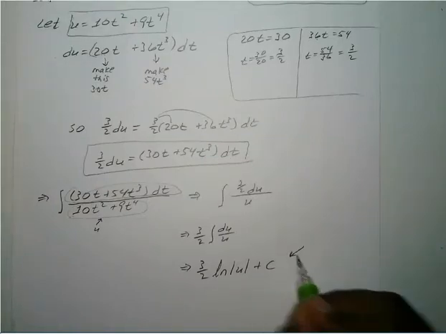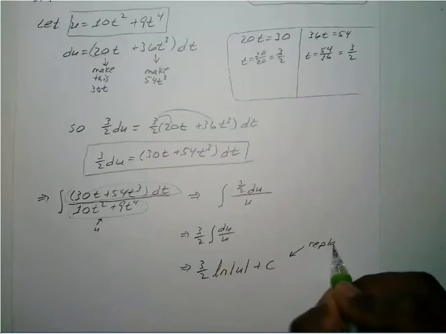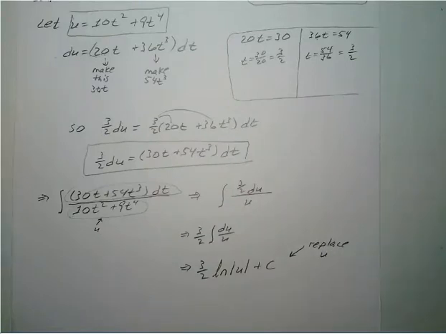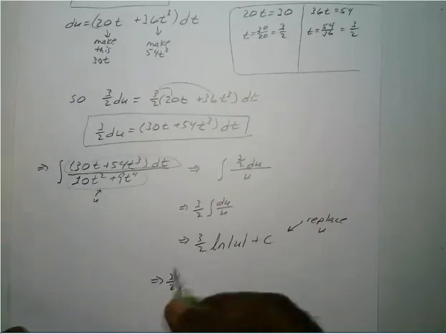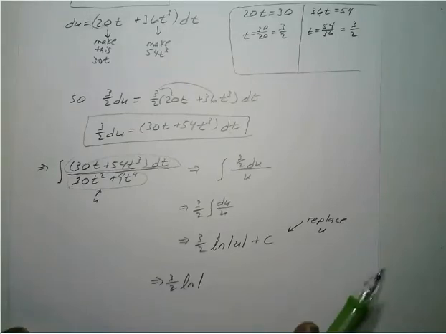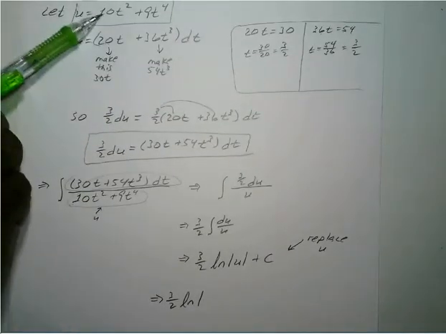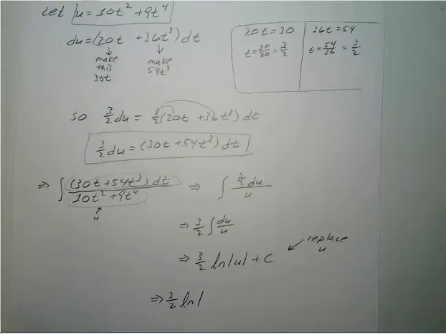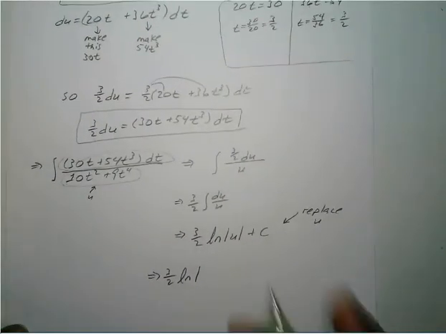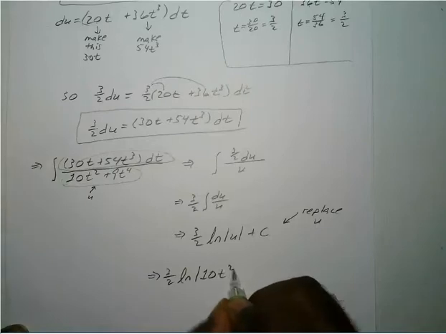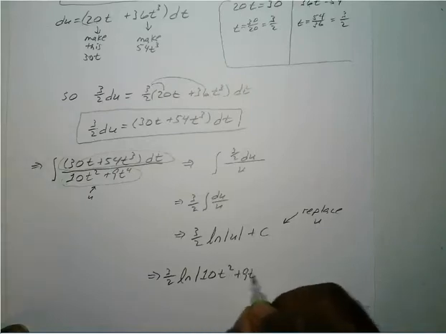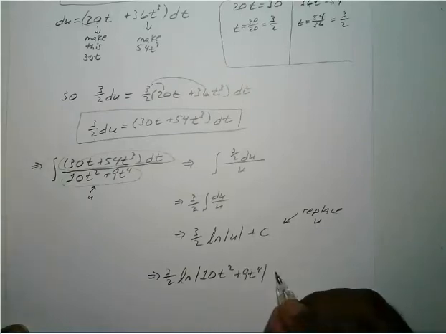Okay, so we go ahead and replace our u, and that will give us a final answer of 3 over 2 times the natural log, and our u is 10t squared plus 9t to the fourth. So 10t squared plus 9t to the fourth plus c.